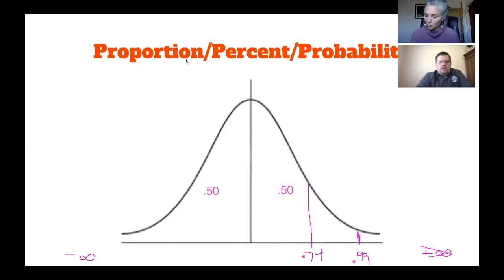Most of these normal distribution problems will say at least, or greater than, or between. We're going to look at some of those examples as well. But I wanted to remind you that the normal curve problem generally says proportion, percent, or probability, and somewhere it has to say normal distribution.